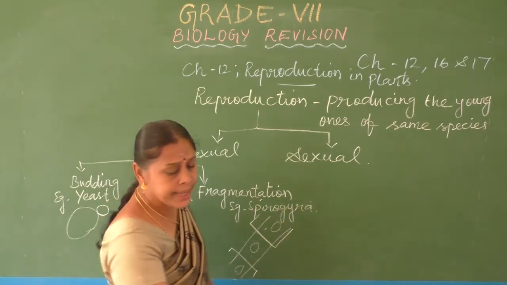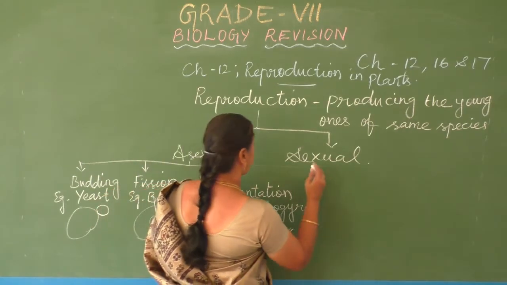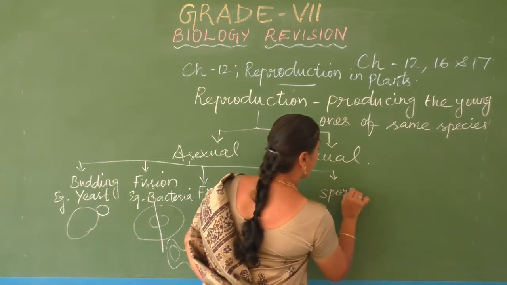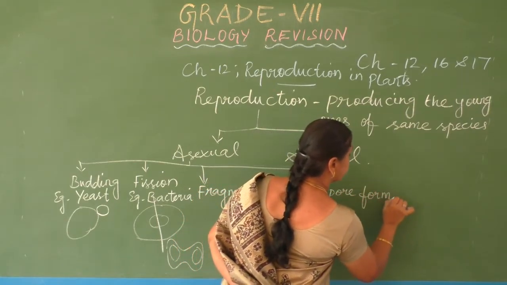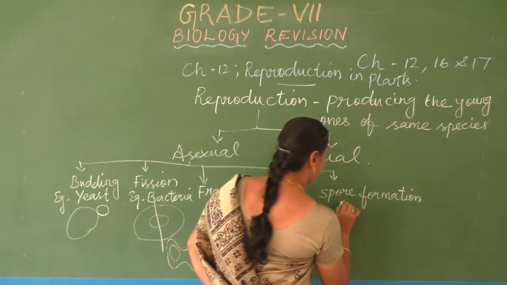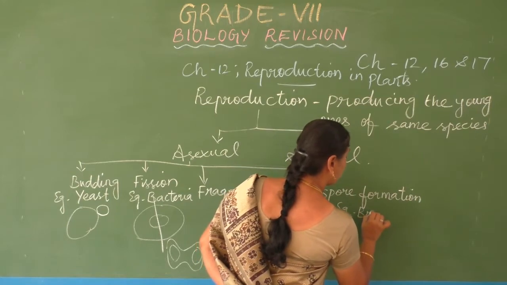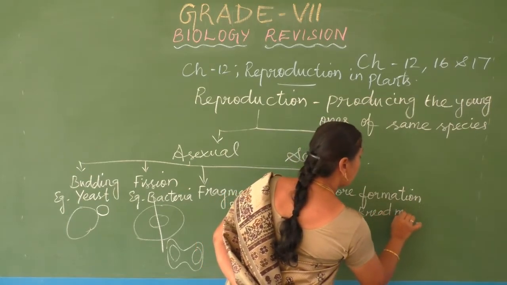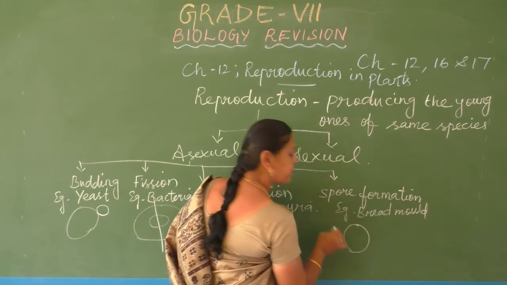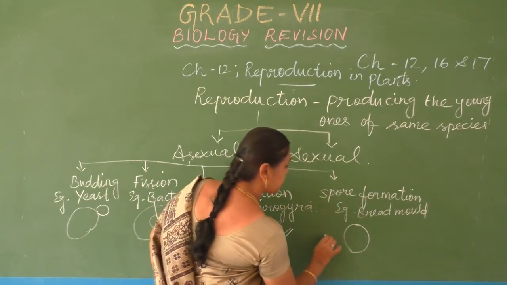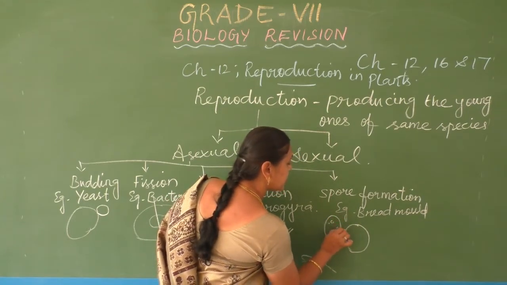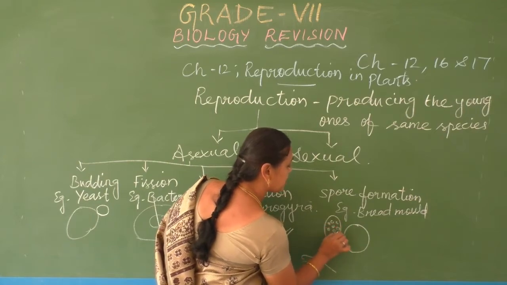So this method of reproduction from the fragments of an individual is called fragmentation. Next one, spore formation. In case of bread mold, I think all of you know the bread mold fungi, what will happen is they will produce the spores. If this is the bread mold, hyphae and all will be there. Inside there is a small cyst.